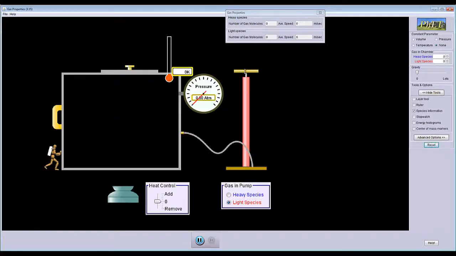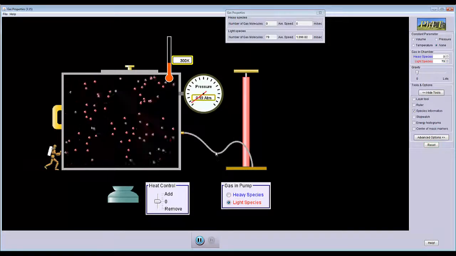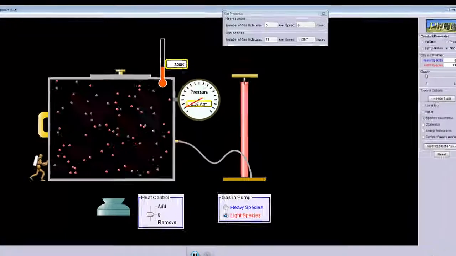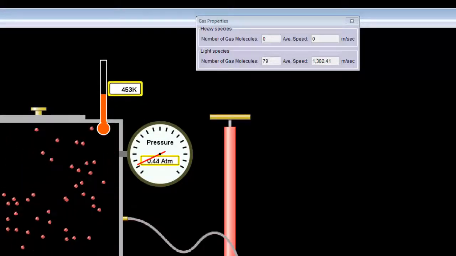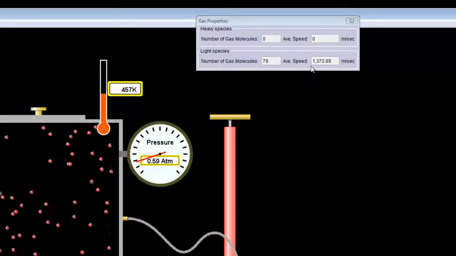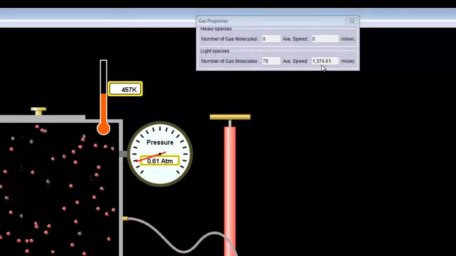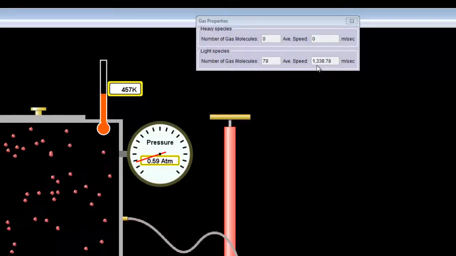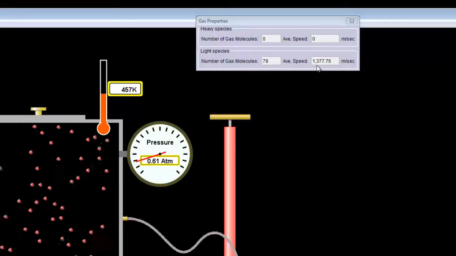If we use lighter particles and we increase the temperature to about 457, the average speed is much greater. It's 1,380-ish, somewhere around 1,300, 1,400 meters per second.